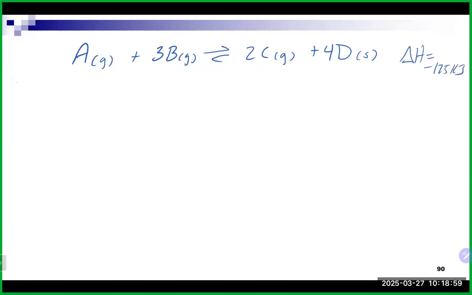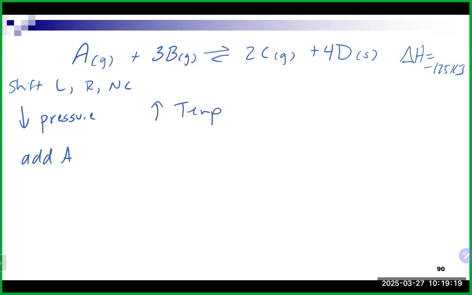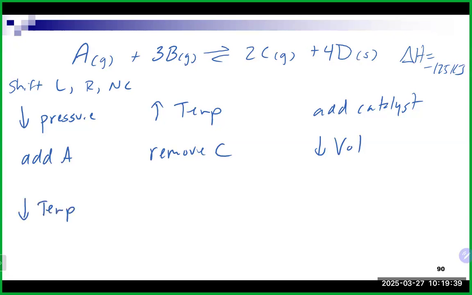All right, so for each of these, we want to know, obviously, will it shift to the left, will it shift to the right, or will there be no change if I decrease the pressure, I add A, I increase the temperature, I remove C, I add a catalyst, decrease the volume, I decrease the temperature here, and I add D. All right, give that a go, see what you come up with here.